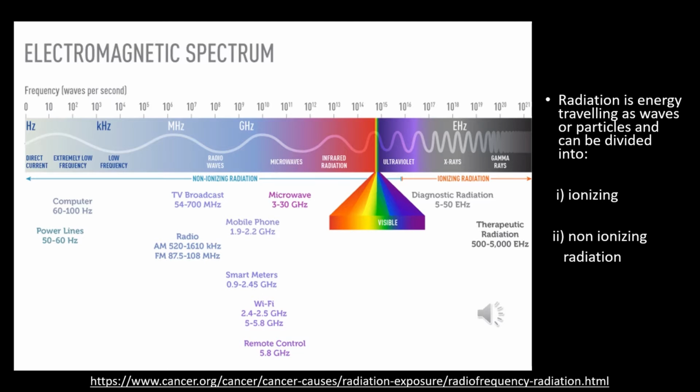The electromagnetic spectrum consists of generally 7 regions, which are radio waves, microwaves, infrared, visible light, ultraviolet, X-rays, and gamma rays. As mentioned earlier, we will be concentrating on X-rays mainly today.